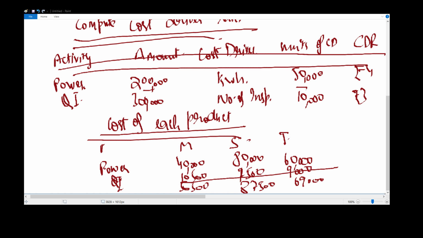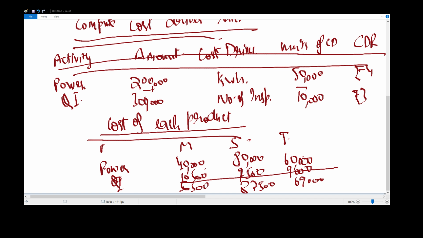The total cost of power used is 40,000, 80,000, and 60,000, that is 1,80,000 for power, and 27,000 is the total cost incurred for the quality inspection. 10,500, 10,575 and 9,000 rupees.